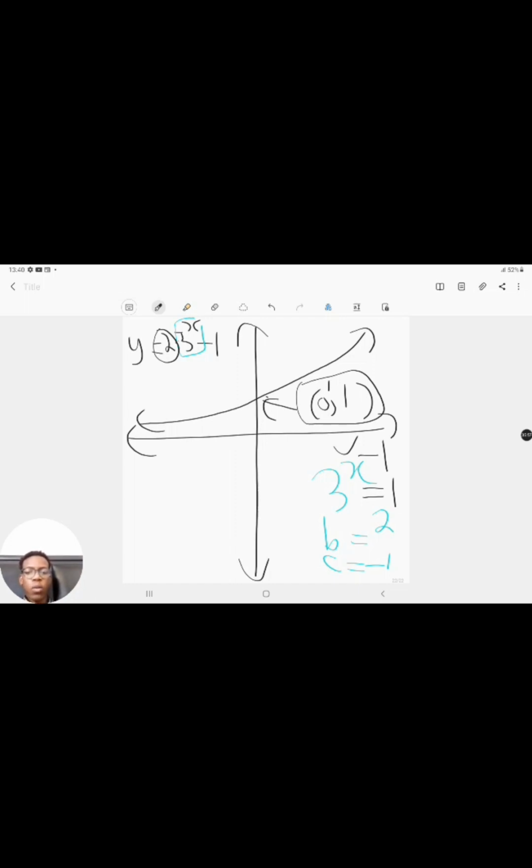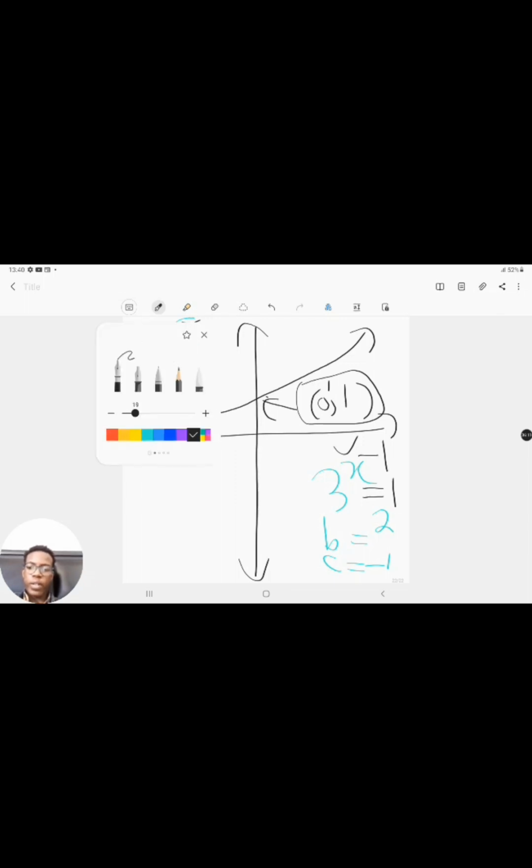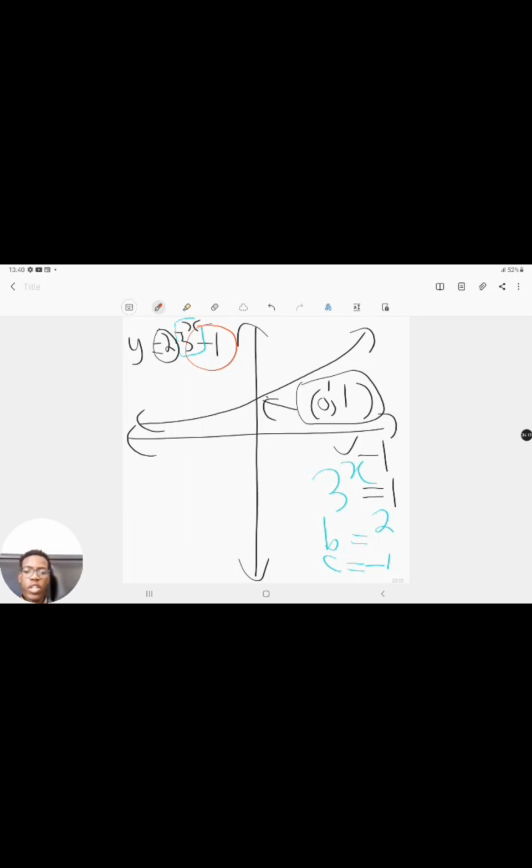What about your asymptote? Well, your asymptote also shifts. Remember, this here not only moves the graph, but it also moves the asymptote as well, right?